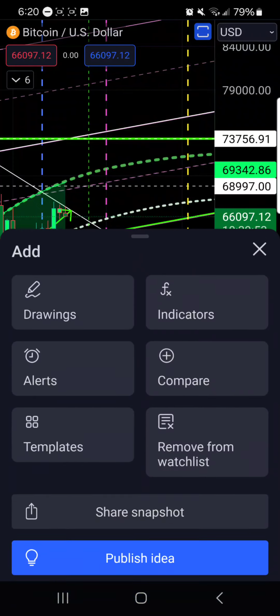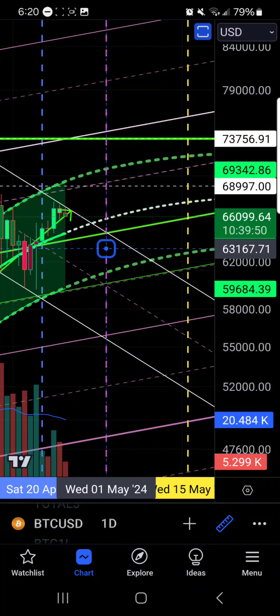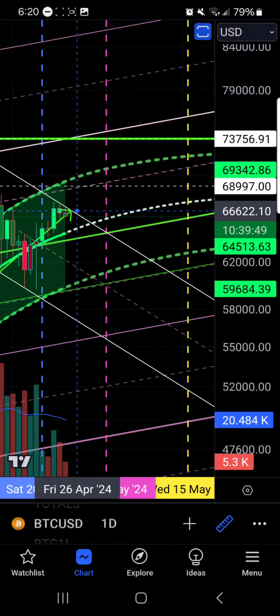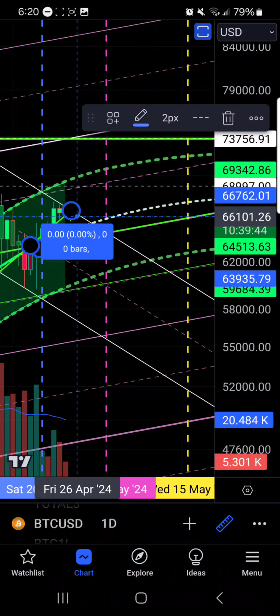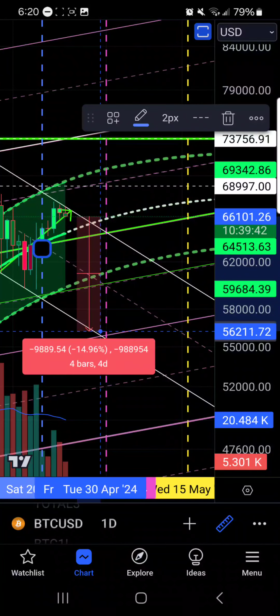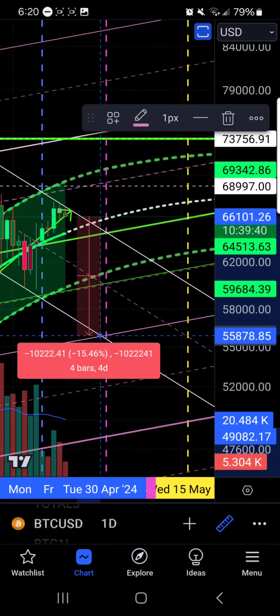This is going to be a big move. From where we're currently at all the way down to there is a 15% move. So I don't know if we're going to come all the way down to 55. That might be out of the question now.